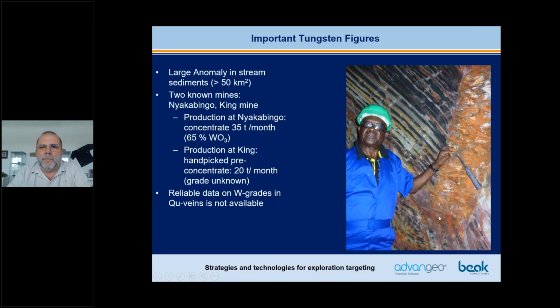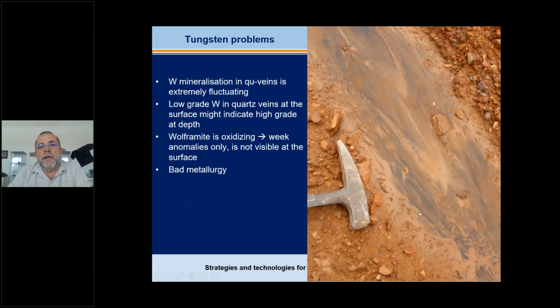And we do not have reliable grade information about these veins, but it's probably not much. It's just maybe 200 ppm in the vein. And here we have a similar problem. Because of the metallurgy, we have huge losses. So much of the tungsten is washed away.